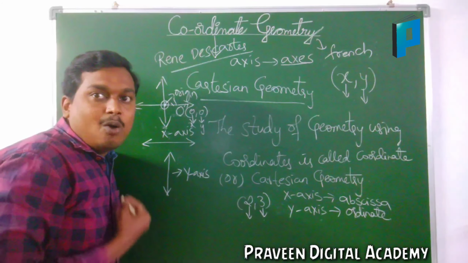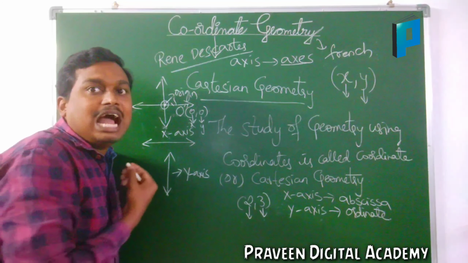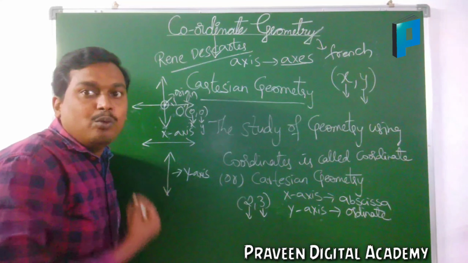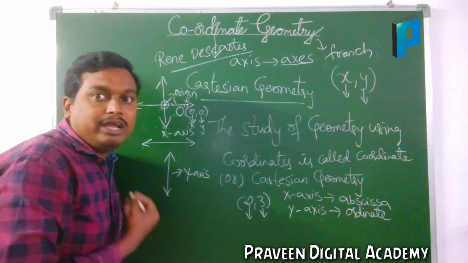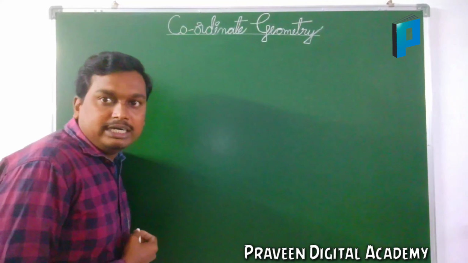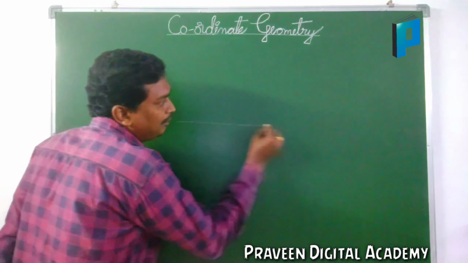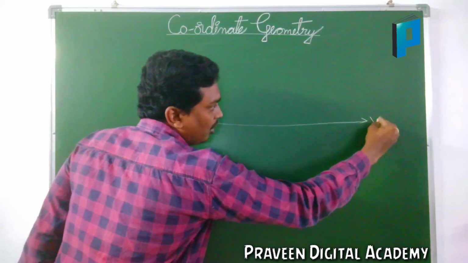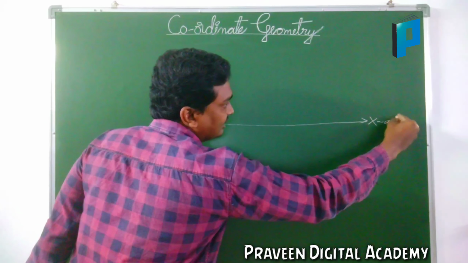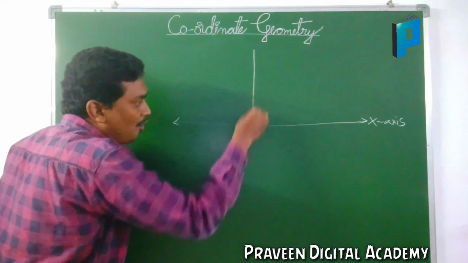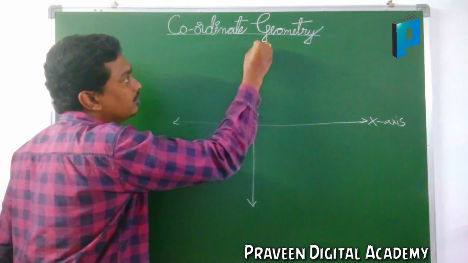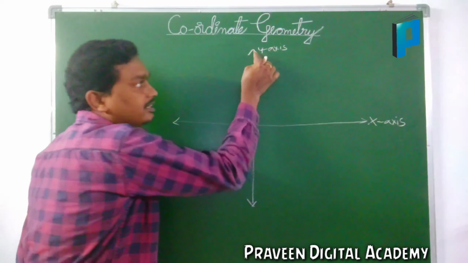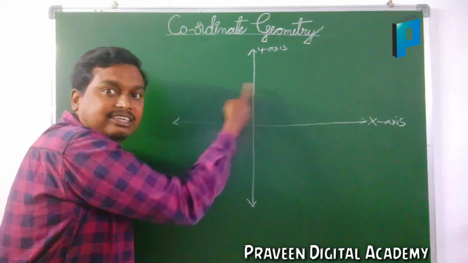Now let us see what quadrants we have in the coordinate system and what signs are present in each coordinate. A Cartesian plane has a horizontal line called the x-axis and a vertical line called the y-axis.